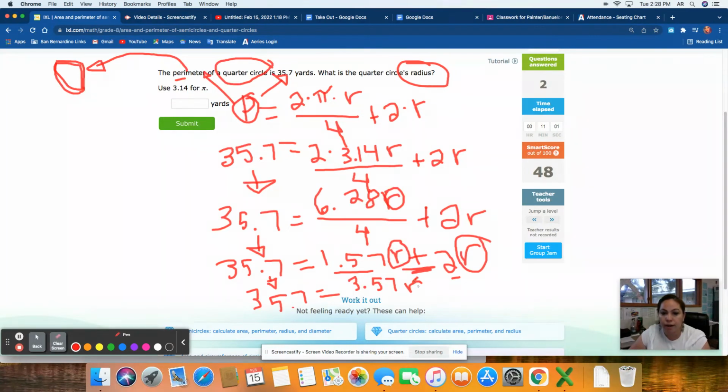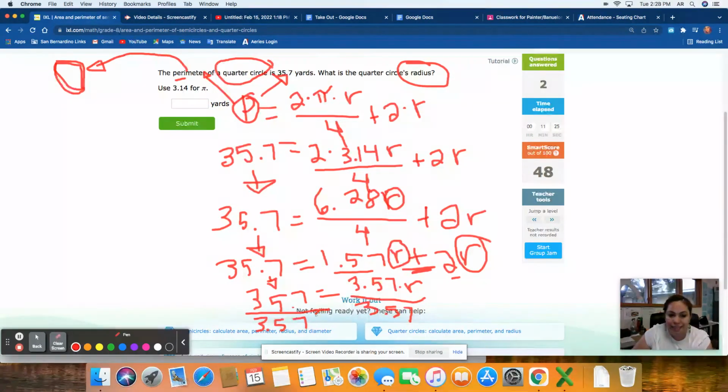Okay. Again, we bring down 35.7, we didn't do anything to it. All right, now we have a number and a variable. So if they're multiplying, to get rid of the number, we got to divide by 3.57 on both sides. So what is 35.7 divided by 3.57?